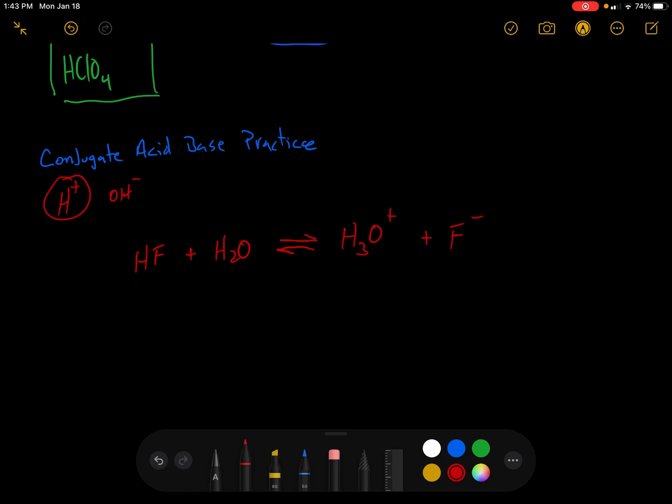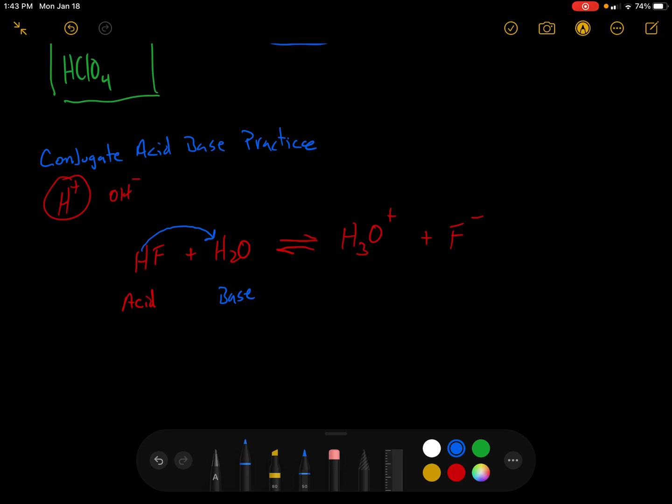Basically, hydrofluoric acid is donating this hydrogen to that water molecule. So in this instance, hydrofluoric acid is the acid, obviously, and then the water is the base.